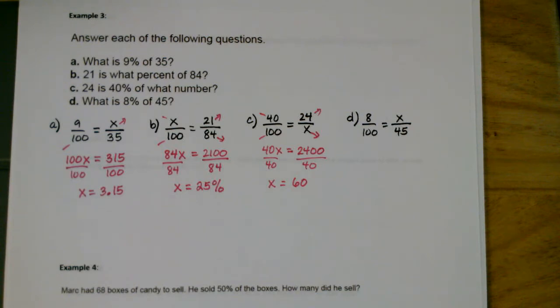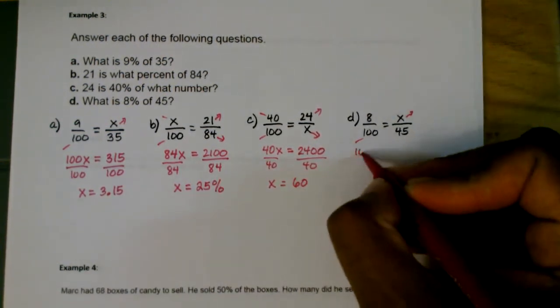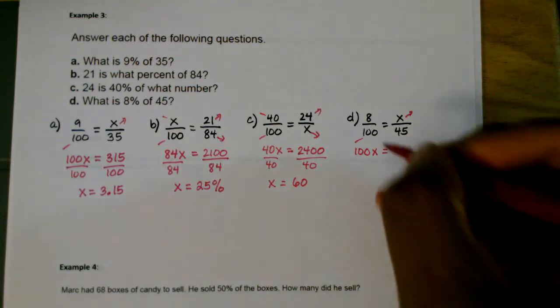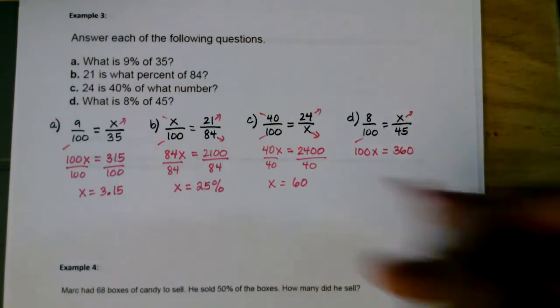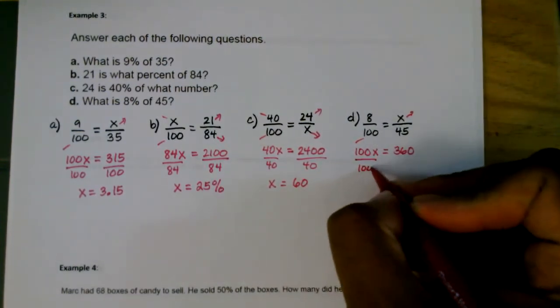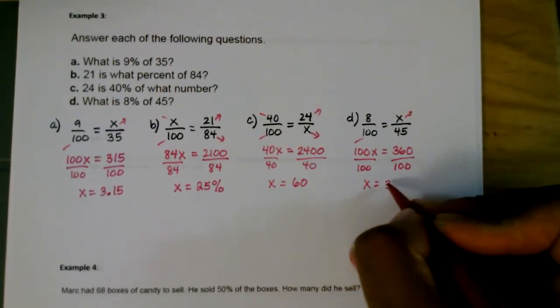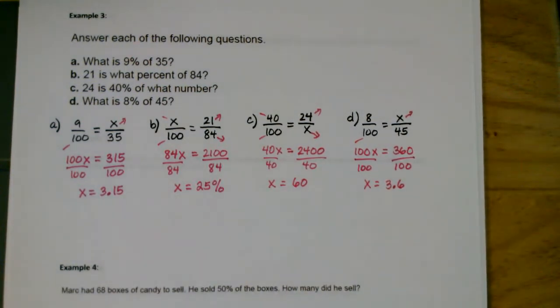And then we solve this proportion by cross multiplying. This will be 100 times x, which is 100x, equals 8 times 45, which is 360. So we got 100x is equal to 360. And then to solve for x, we divide both sides by 100. That would mean x is equal to 3.6. Yeah, it'd be 3.6. Okay.